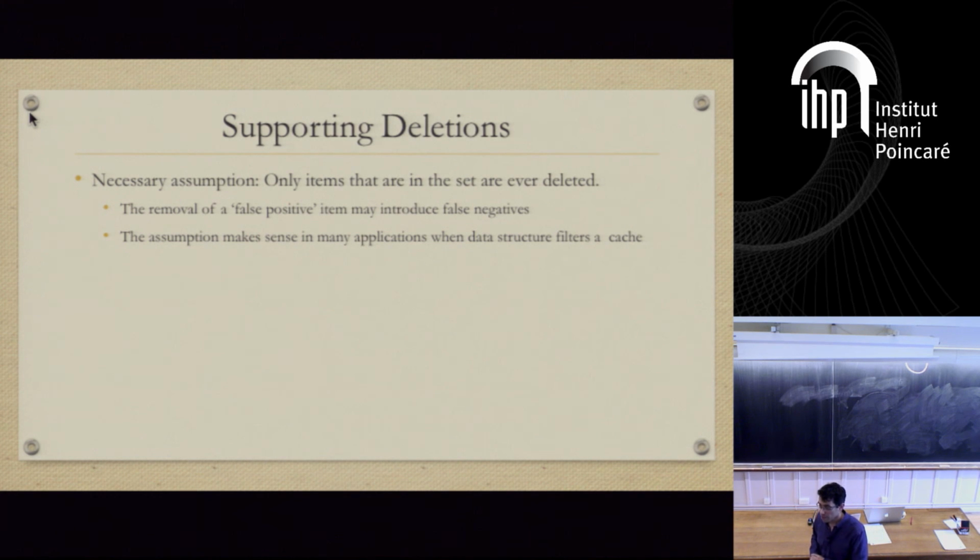Yes, collisions, that is right. If the dictionary allows for multisets, then you can remove. If the dictionary does not allow for multisets, then you need the extra assumption that you do not have collisions.